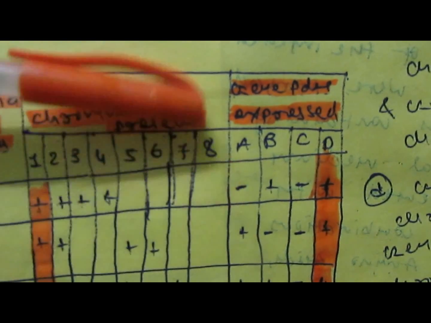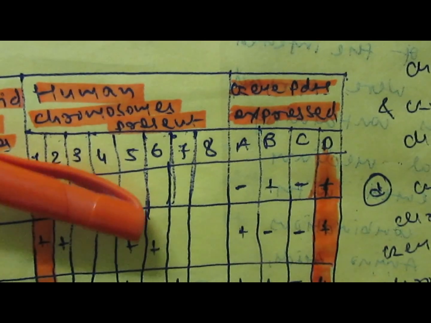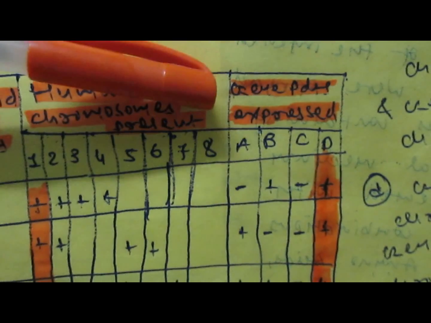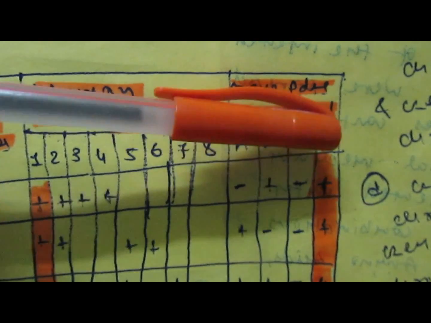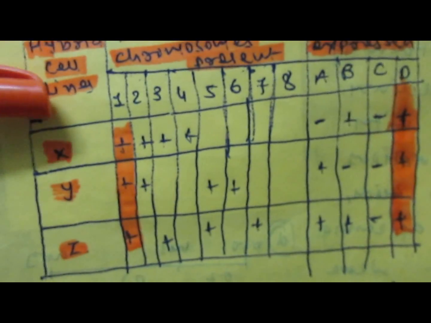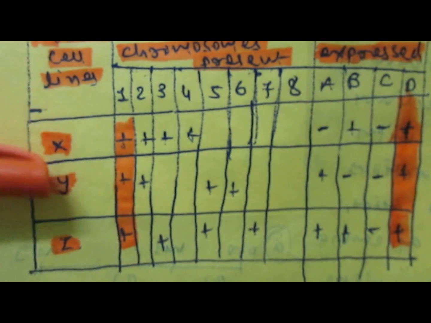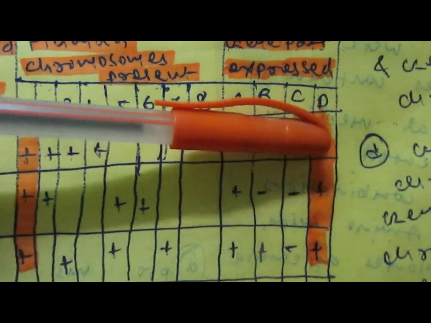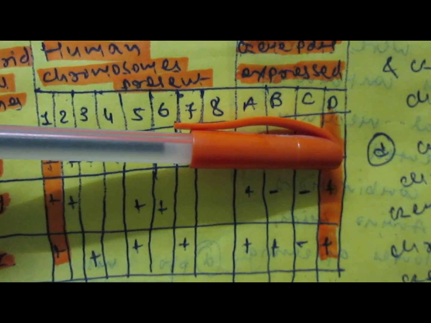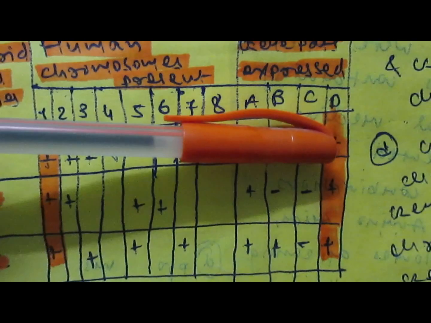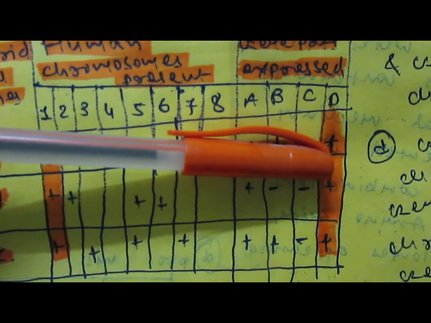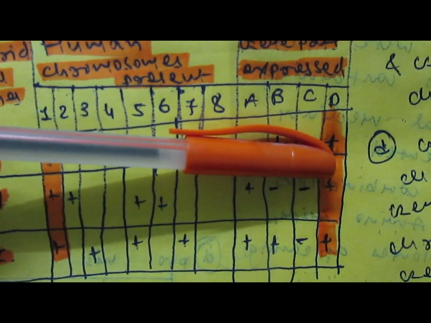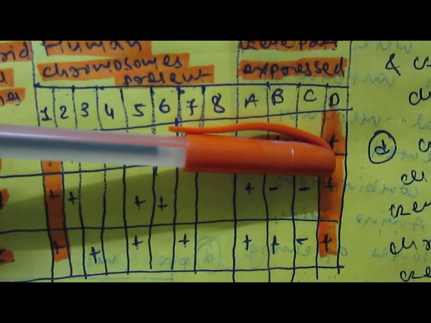Now, can you find some similarities between them? For example, gene product D is expressed in all cell lines X, Y and Z, and that's why the plus sign indicates. Now we have to find the chromosome number in which this product is expressed similarly in all three X, Y, Z cell lines.